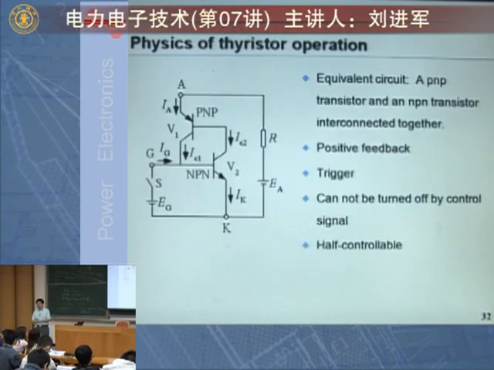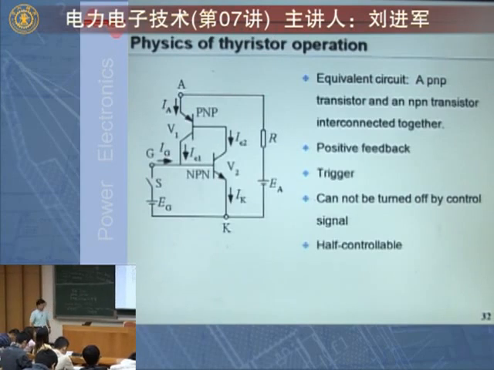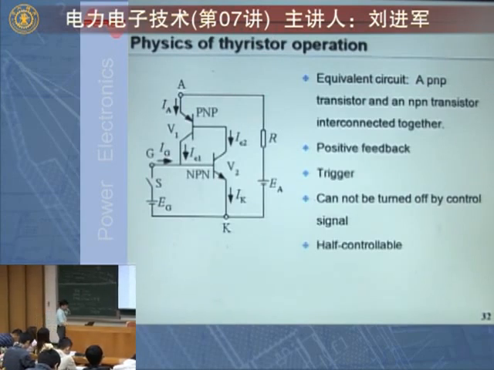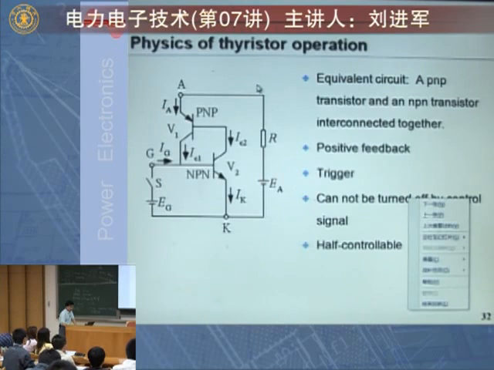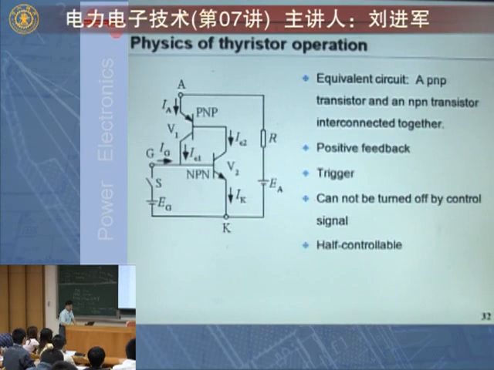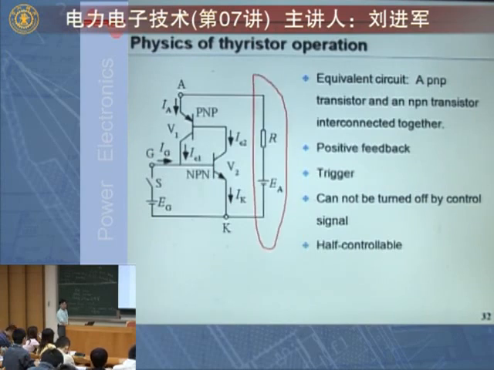Now, let's see how this thyristor is working. If we apply from outside a positive voltage, I'm applying positive voltage to terminal A and negative voltage to terminal K. That's from the outside circuit. I can do that.